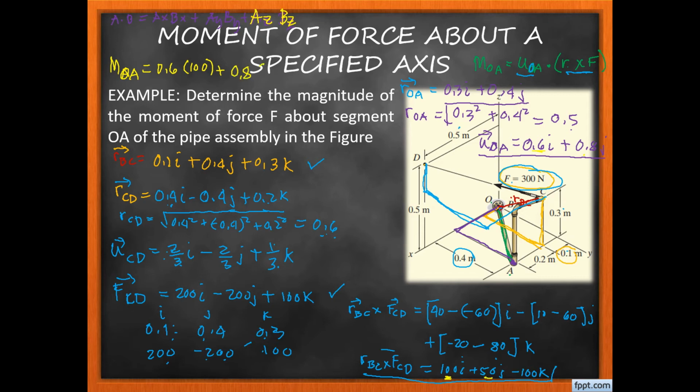Okay, so yung moment natin is equals to 0.6 times 100 plus 0.8 times 50. So, makukuha natin is 100. And, syempre, dahil yung mga dimension natin is in meter, tapos yung force natin is in Newton, so, Newton meter.